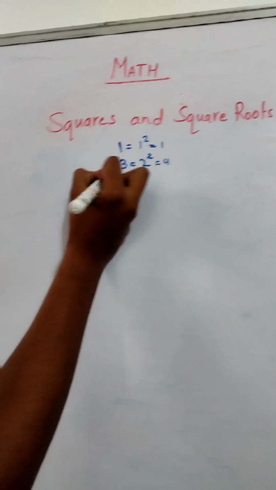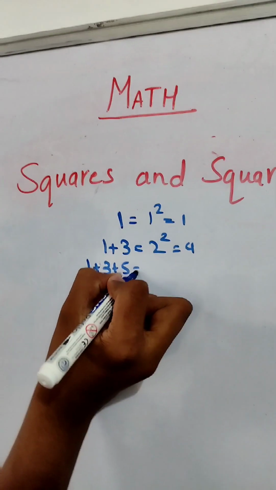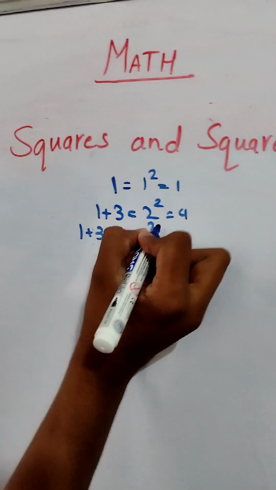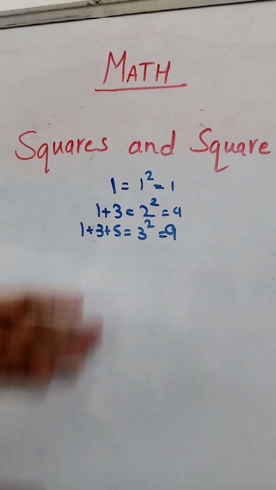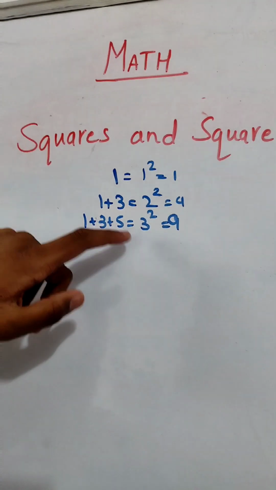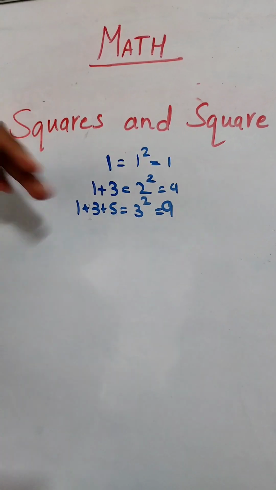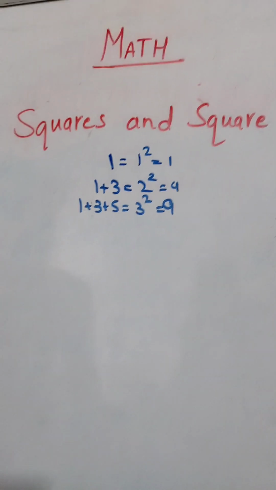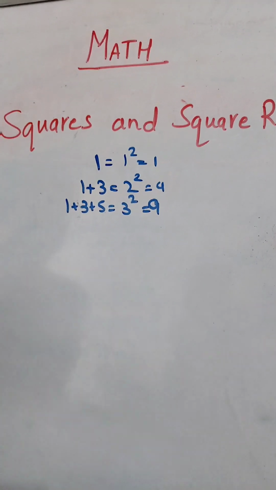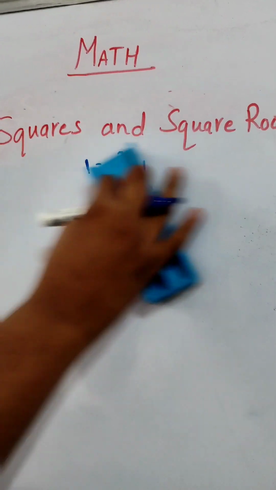We can keep repeatedly doing this. We get 3 square, which is 9, and it goes on repeatedly. By just adding one more odd number, we get the next square number, and it goes on scaling like that. This is another speciality or pattern of square numbers.